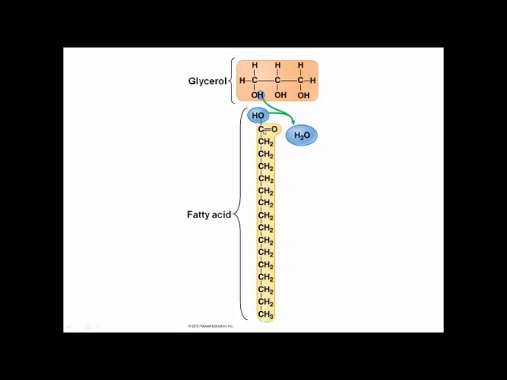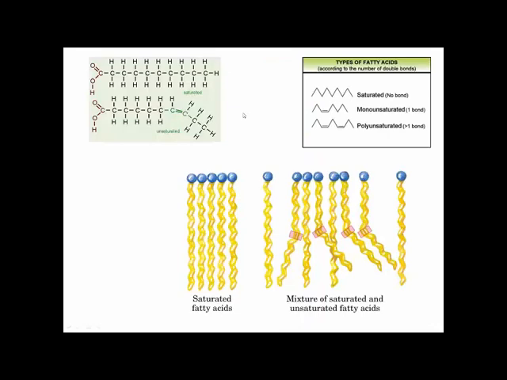So when we join fatty acids to glycerol, we're going to definitely have a dehydration reaction, but this isn't a true example of monomers strung together to make a polymer. So the first type are the triglycerides, and triglycerides are made up of 3 fatty acids attached to glycerol.